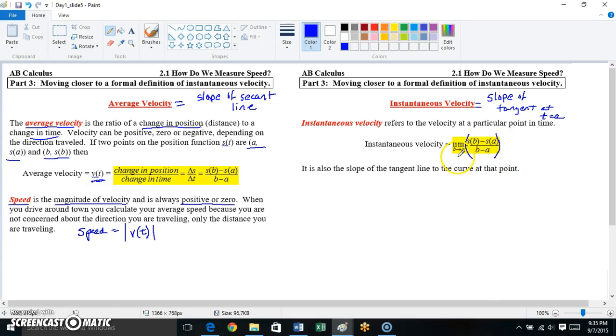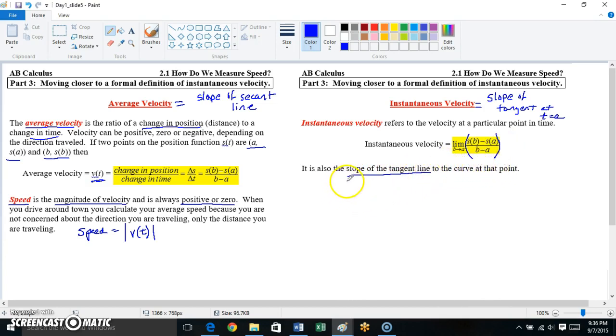But once we take the limit and let the interval from b to a get smaller and smaller, so if b is moving closer to a, that interval is going to get closer and closer to 0. This is our instantaneous velocity. It's also known as the slope of our tangent line to the curve.